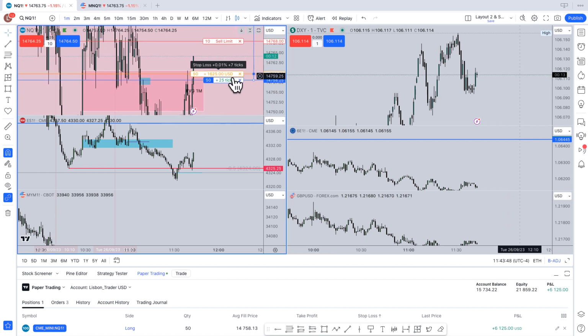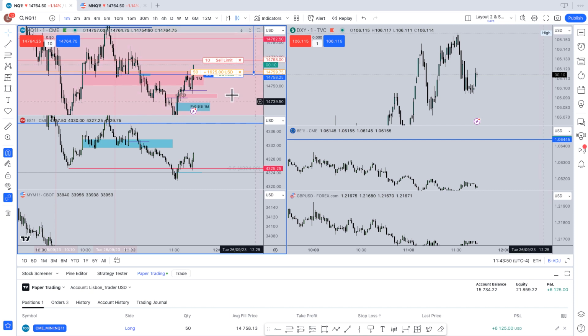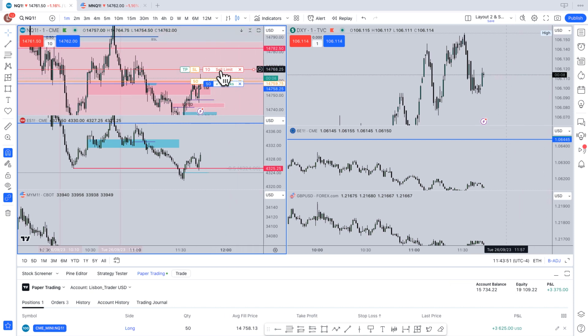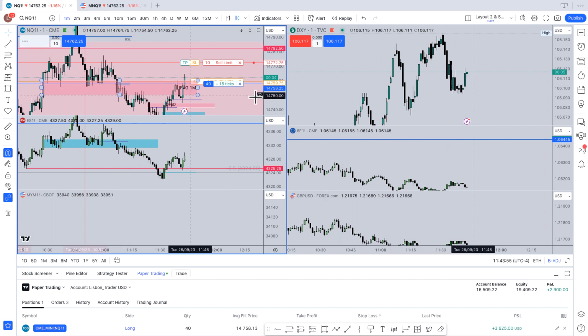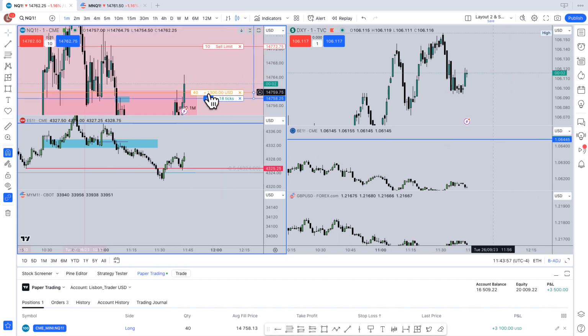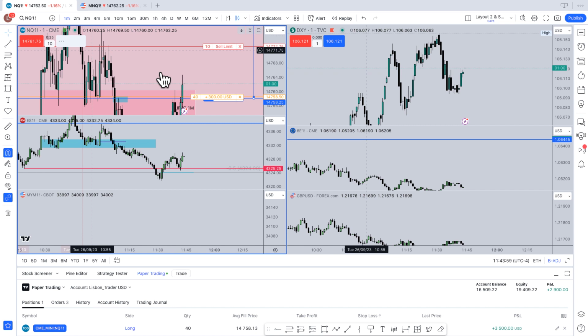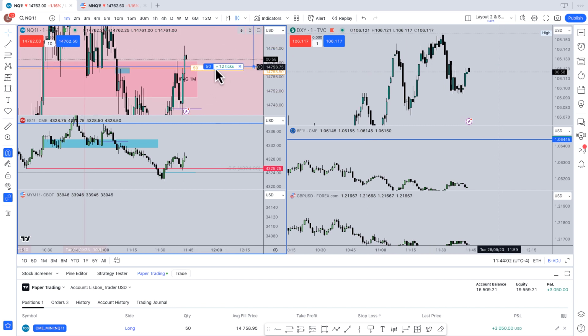So we are at 15. 15 balance. Putting some profits. There.